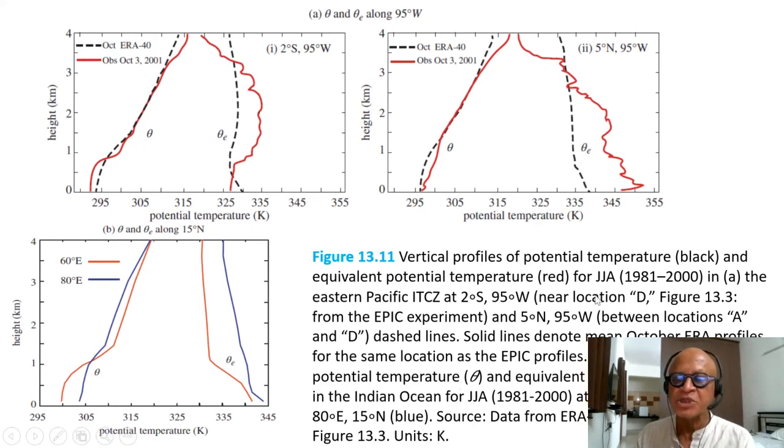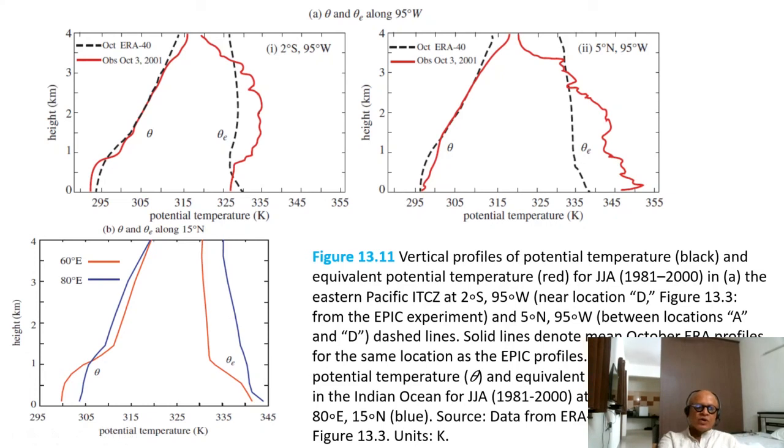Vertical profiles of potential temperature and equivalent potential temperature in the Indian Ocean, on the other hand, do not have this ability to drive inertial instability. So even if the cross-equatorial pressure gradient is strong, the thetas at both 60 east and 80 east, this is the Arabian Sea sector and this is the Bay of Bengal sector, in October, do not have it, so the atmosphere is basically stable.